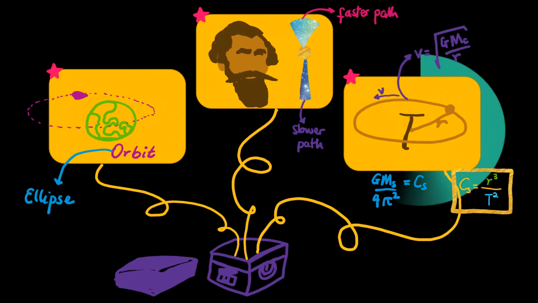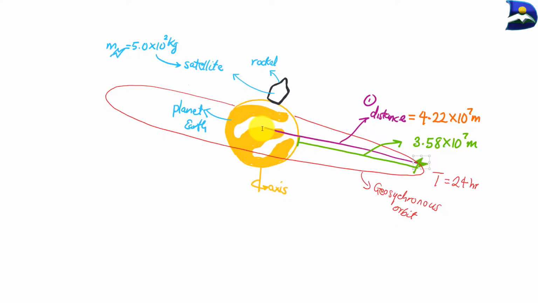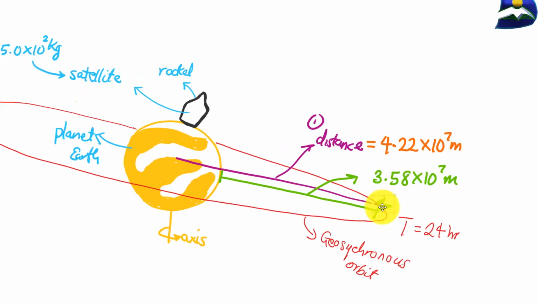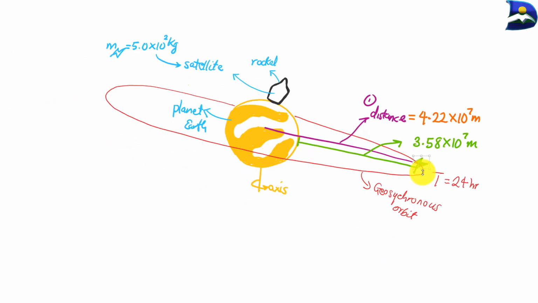Most importantly, we were able to determine the distance from this particular region to this focus region, and therefore, by analyzing the radius of the Earth, we were able to come up with the distance from the surface of Earth to the geosynchronous orbit.